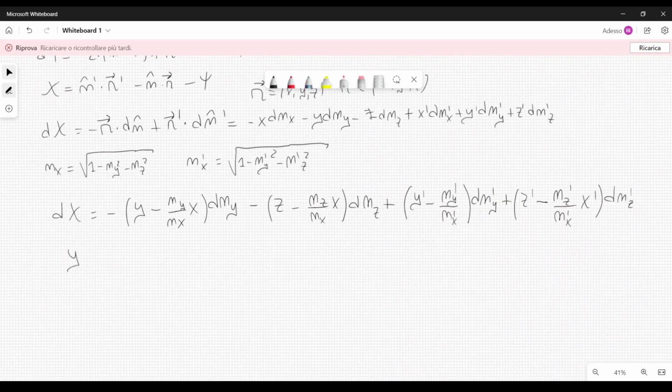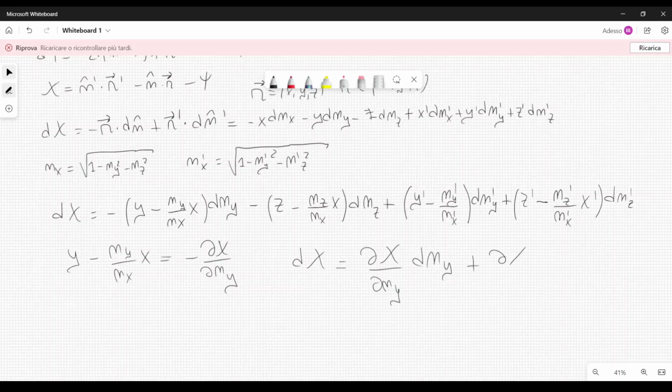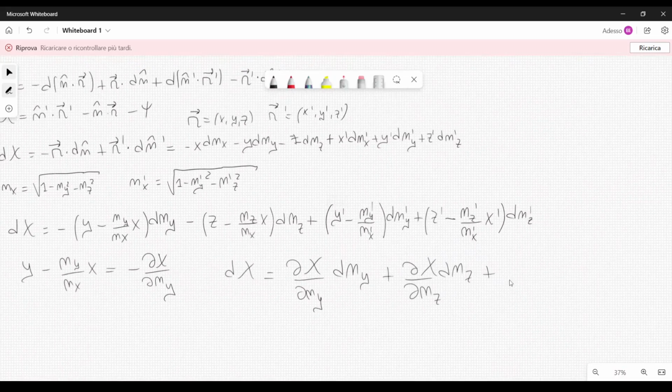So y minus ny over nx times x will be equal to minus d chi over dny, right? Because here we have the differential of chi. So the differential of chi can be written also in this form. We have d chi over dny dny plus d chi over dnz dnz plus, so we don't have d chi over dnx because we assume that nx depends on ny and nz like this, so they are not independent.